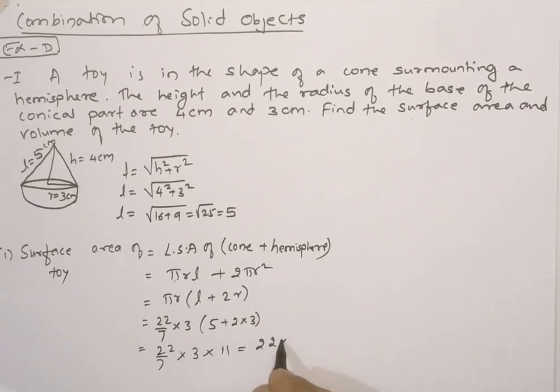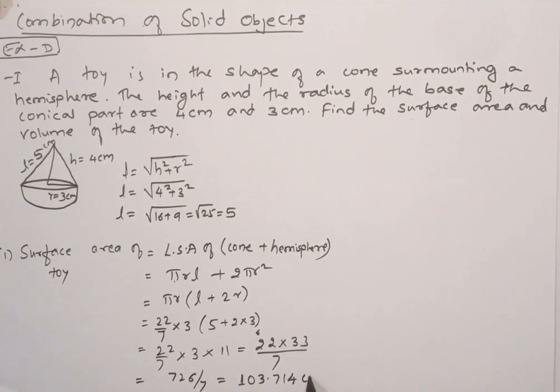So it is 22 into 33 upon 7. 33 twos are 66, plus 6, 72... divided by 7, that is 7 times... 7 threes are 21, 5 remains, 7 sevens are 49, 1 remains, 7 fours are 28. So it is 28 centimeter square.